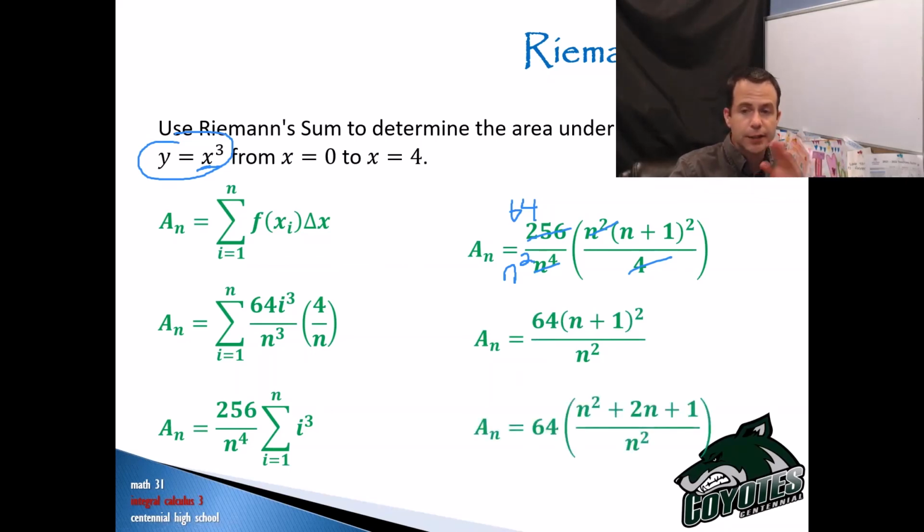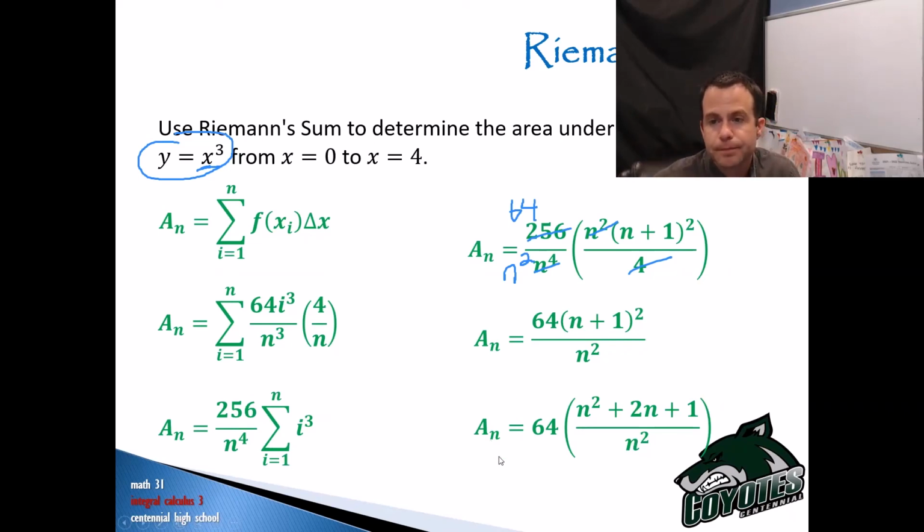And then I just moved my 64 to the front. Each one of these terms here is going to get divided by n squared. So n squared divided by n squared is 1, and 2n over n squared would give me 2 over n, and 1 over n squared. So I'm just splitting that up into 3 different terms.